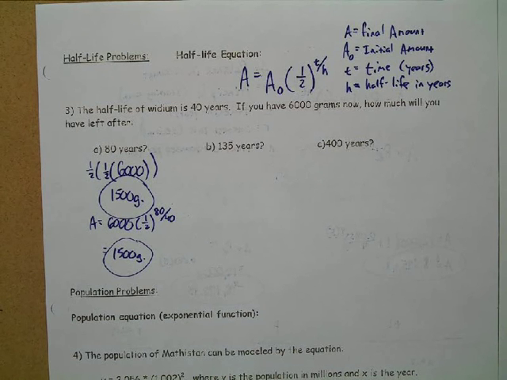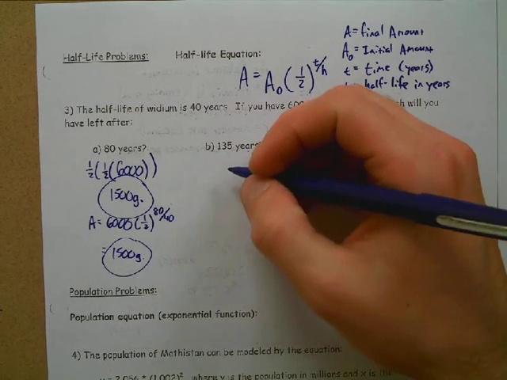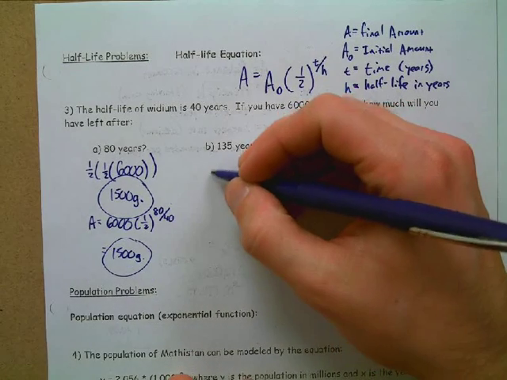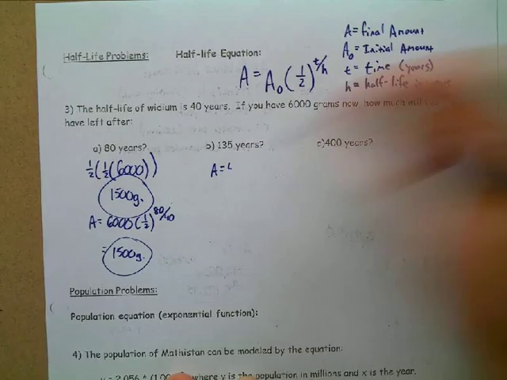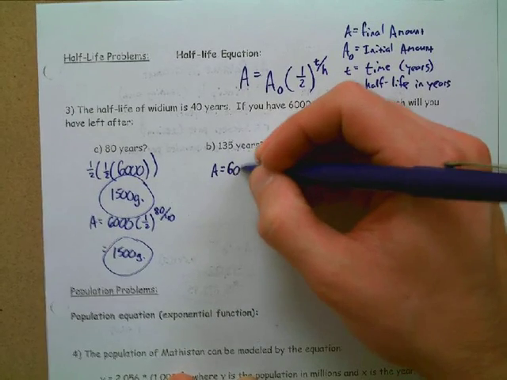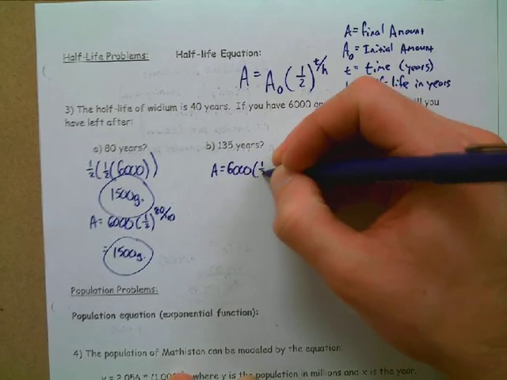Okay, so let's try the 135 here as well. Now this one is not an exact number of 40s. We can't just say it's like two 40-year half-lives like it was with 80. 135 is not a multiple of 40, so we have to actually calculate this one out. So it'll be 6,000 times 1/2 to the 135 over 40.